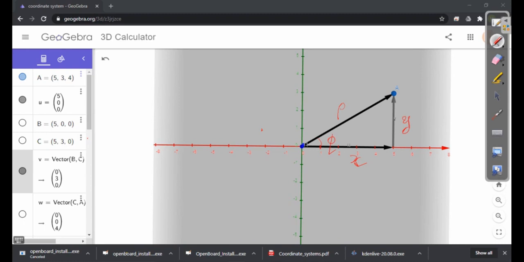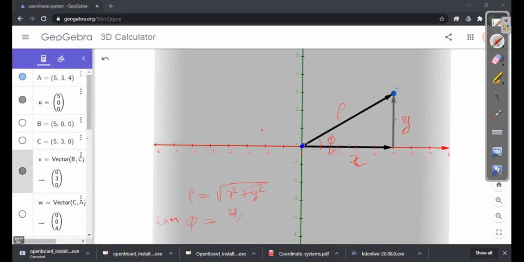According to Pythagoras theorem, what is rho? Rho is equal to square root of x square plus y square. What is phi? You know tan phi. What is tan phi? Opposite by adjacent, that is y by x.